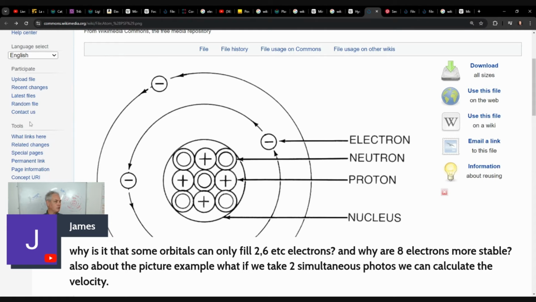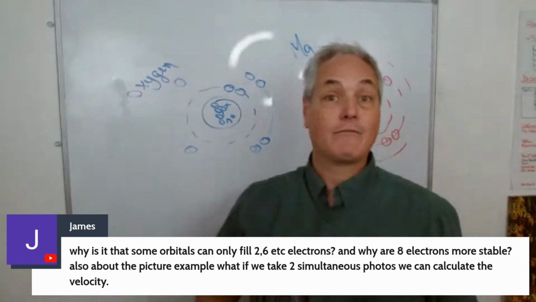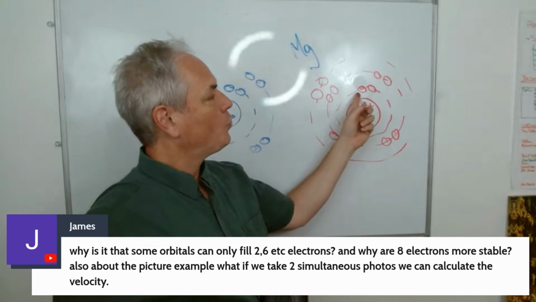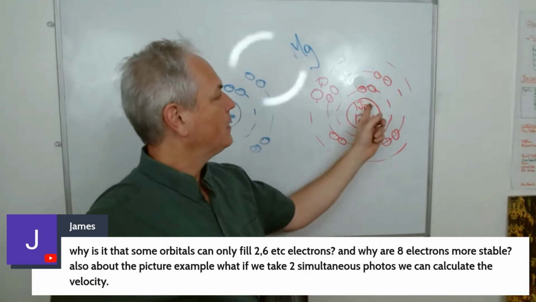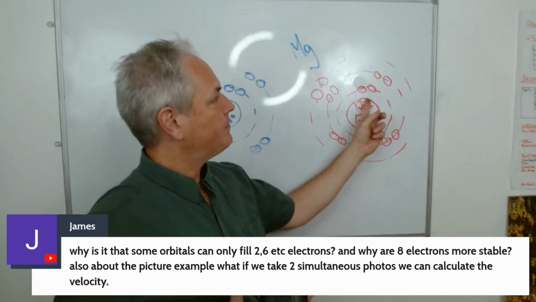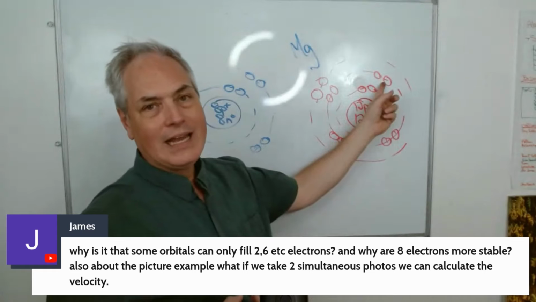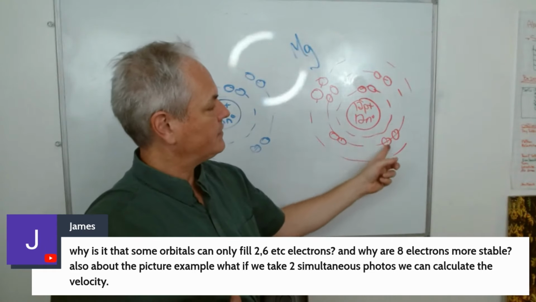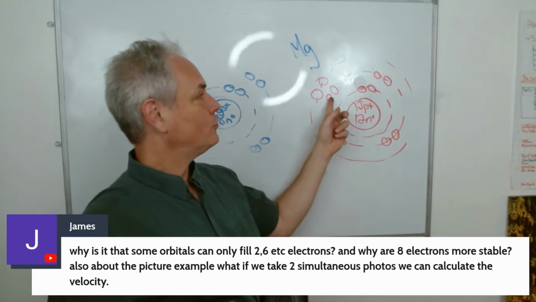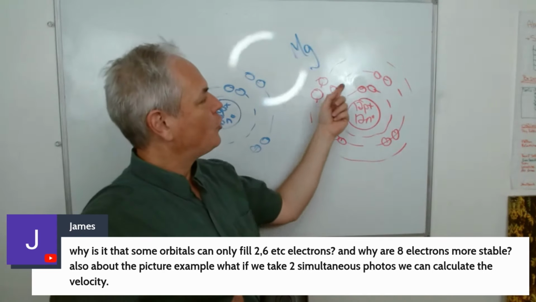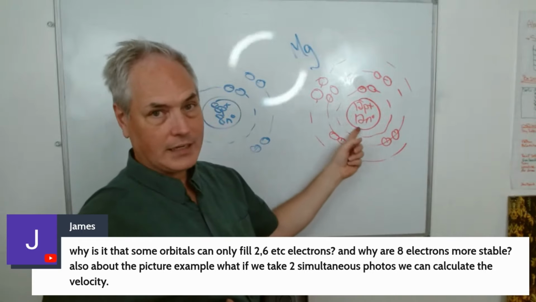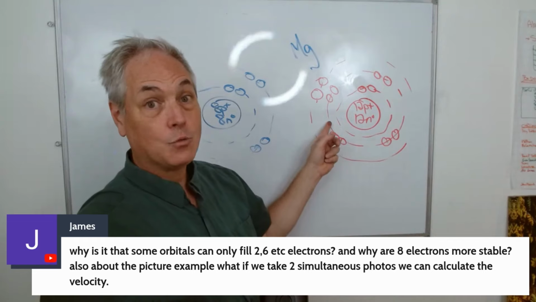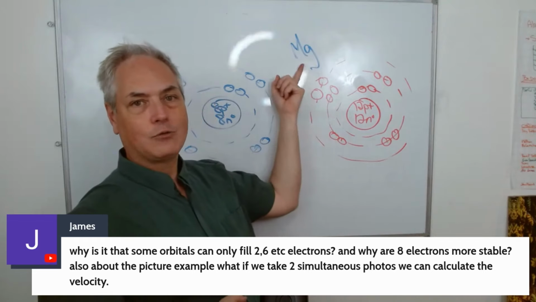So if you go back here to my second drawing, if you have magnesium with 12 protons, 2 go on the first layer, and you won't put 12 electrons on the first layer. 2 go on the first layer, then competition happens, 8 will go on the second level, and then if there's more than 2, because here we have 12, and we have 1, 2, 3, 4, 5, 6, 7, 8, 9, 10, the last 2 will have to go 1 layer above, because you already have 2 electrons competing and winning on this layer, 8 electrons competing and winning on this level, and then you have those that will be on the outer levels.